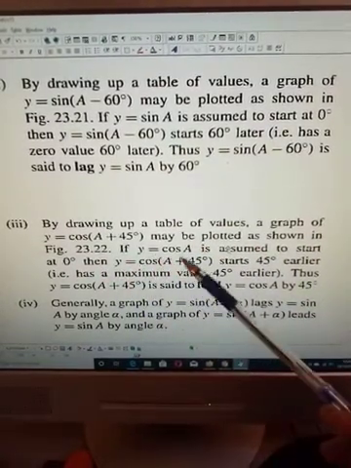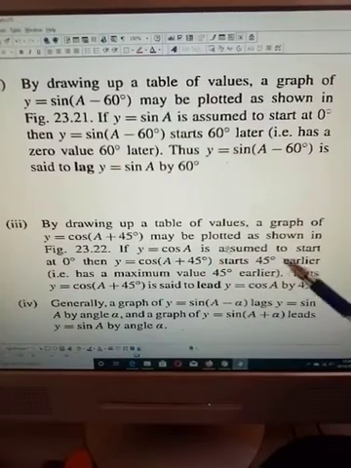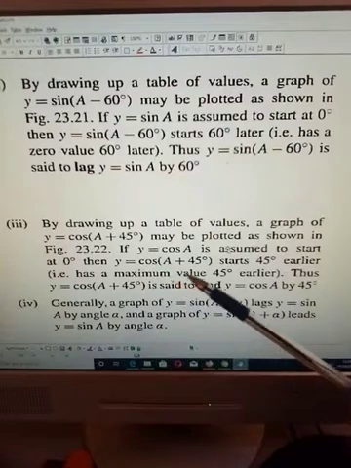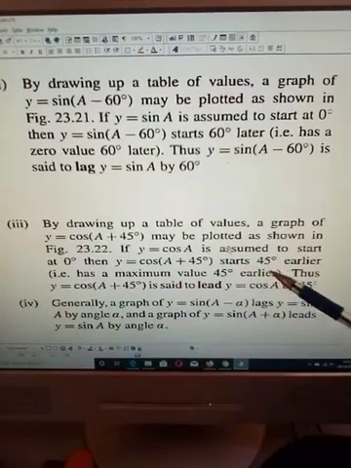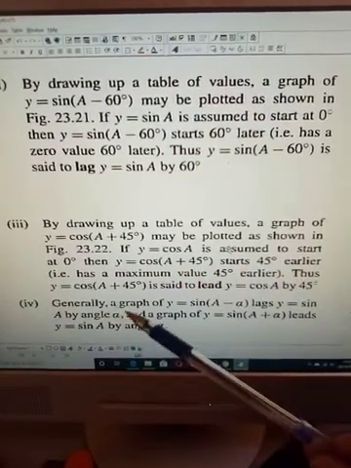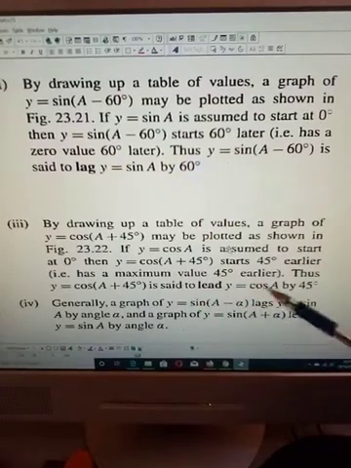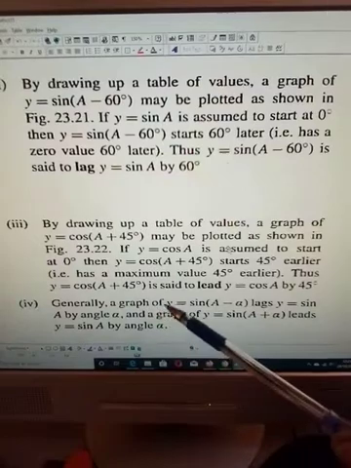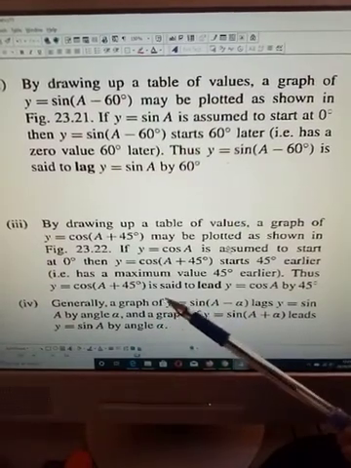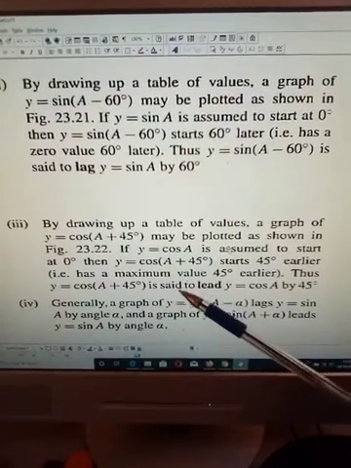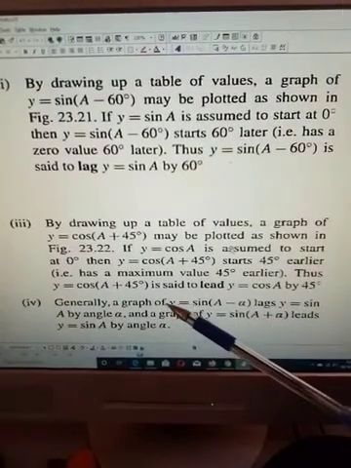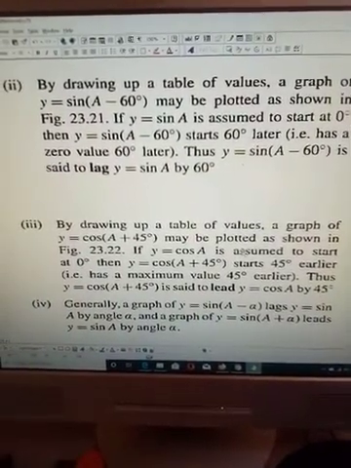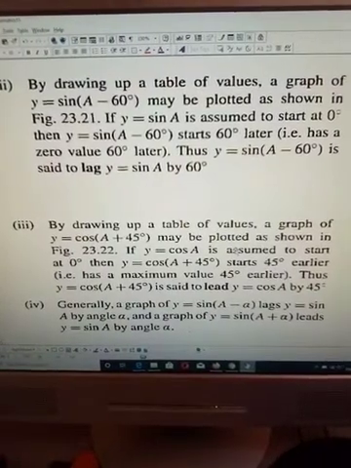If y equals cos A is assumed to start at 0, then y equals cos(A + 45 degrees) starts 45 degrees earlier, i.e. has a maximum value 45 degrees earlier. Thus, y equals cos(A + 45 degrees) is said to lead. So here we have a 45 degree factor of leading. Okay, it's leading the other waveform by 45 degrees.